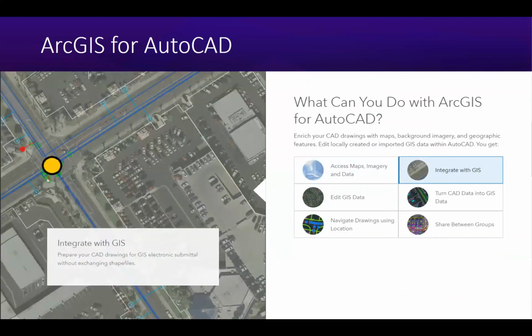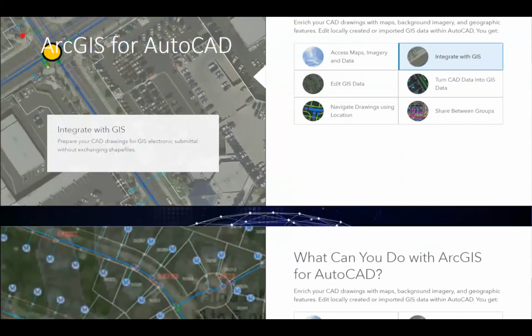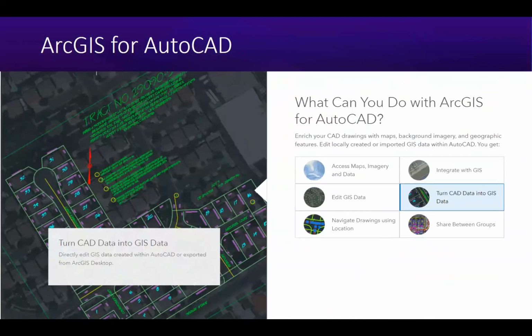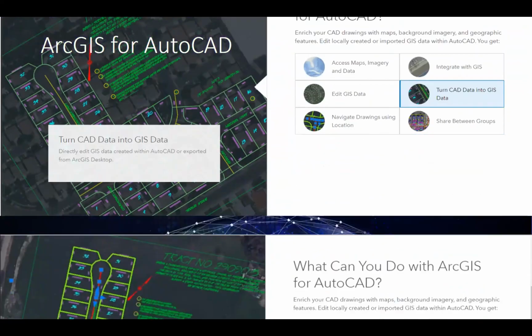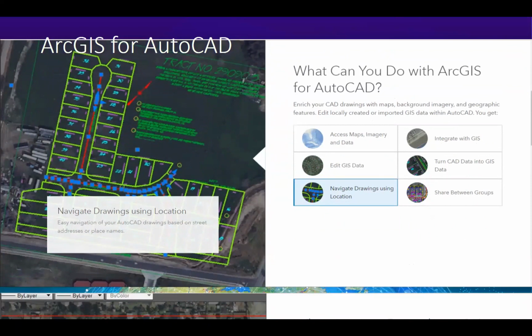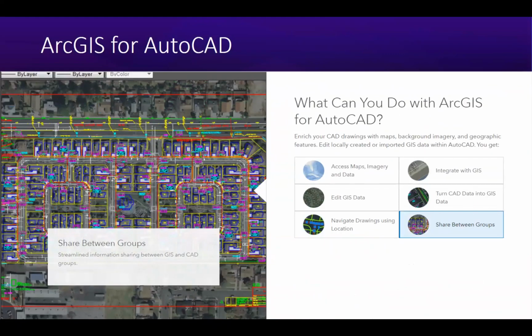You can integrate your existing GIS data into the CAD files. The data can then be edited, and the CAD can be converted to GIS data as well. And when it comes to location, you can use street addresses for navigation and analysis, network analysis. And lastly, but most importantly, all this information can be shared between groups or departments within a particular organization.